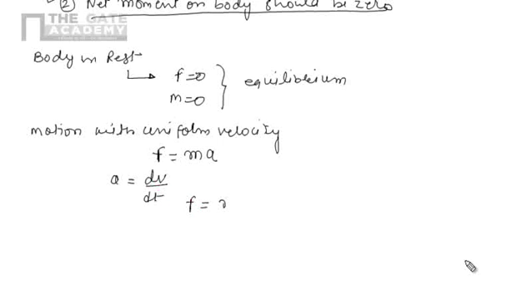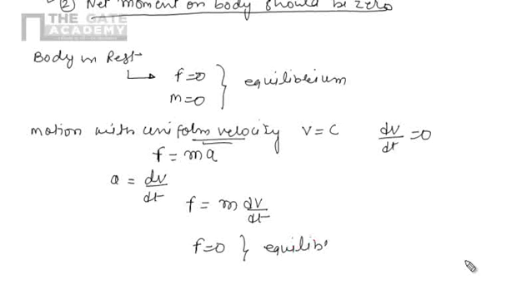So f equals m dv by dt. But for motion with uniform velocity, v will be constant, so dv by dt will be 0, so f will be 0, so we can say that it is in equilibrium. By this way we can say that the body is in equilibrium.